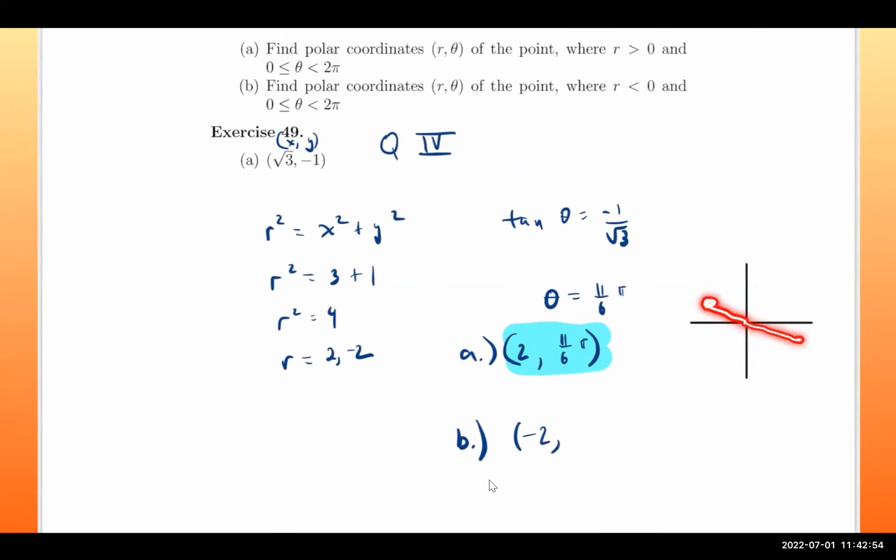So if you're going 11/6 pi and you go in -2, then that means you would actually be going this direction, which would put you in quadrant 2. So that's not the correct angle that we're going to use. We want to be in quadrant 4 ultimately. So that means we have to go to this angle, 5/6 pi, and -2 would go in the opposite direction, which would put us in the correct quadrant, quadrant 4. So this is the angle we're looking for, 5/6 pi.